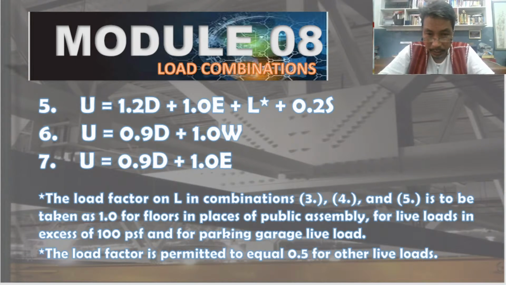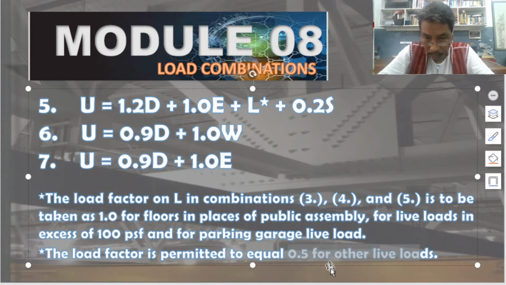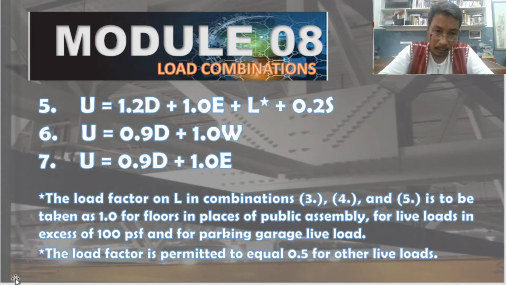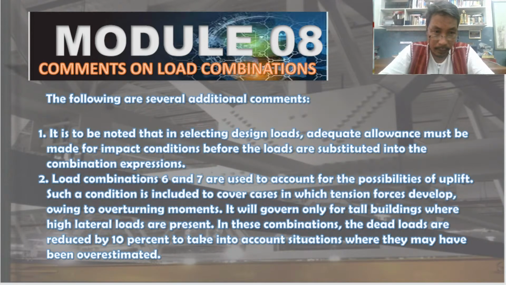Okay? And that is not for parking. So, therefore, we can use this portion, 0.5. So, we have to use 0.5 for other type of live loads. That's why we use that value, 0.5.